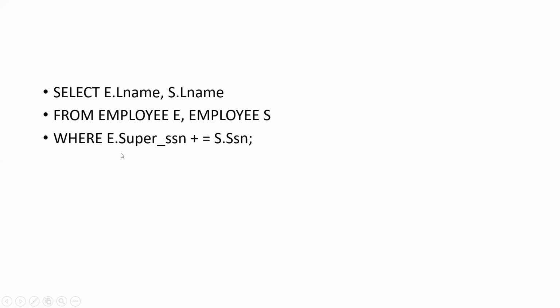Plus equal means the employee table is left outer joined with the employee table. That means the supervisor's employee table is joined with the normal employee table using the left outer join operation. If it is plus equal plus, then it is a full outer join. If it is equal plus, then it is a right outer join. This is one of the representations.